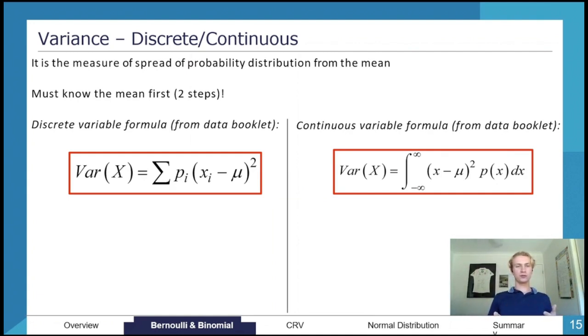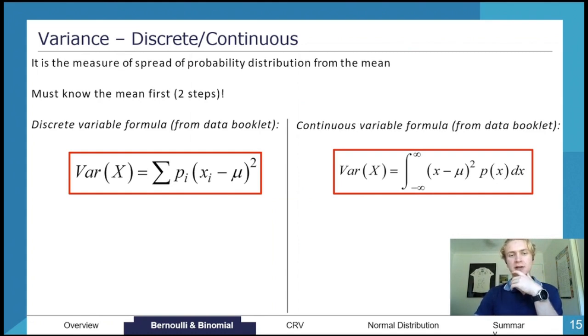So we want to see how much x varies from the mean. We don't want to just talk about the x values because that's not an accurate representation. We want to subtract away the mean so that we standardize them. We make them uniform. That's my explanation for this, and hopefully that helps you to understand.